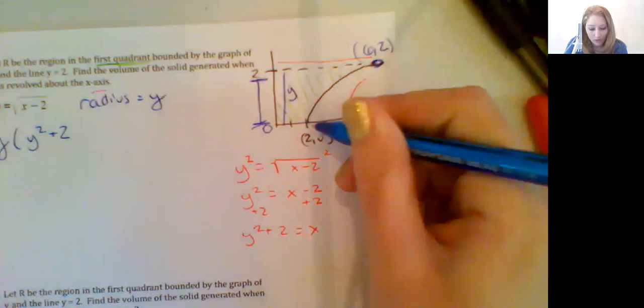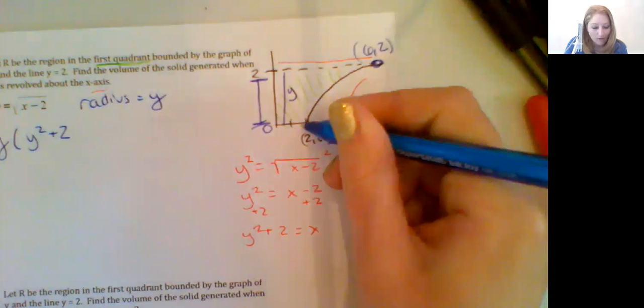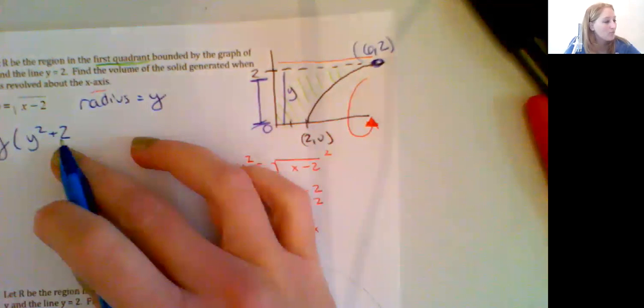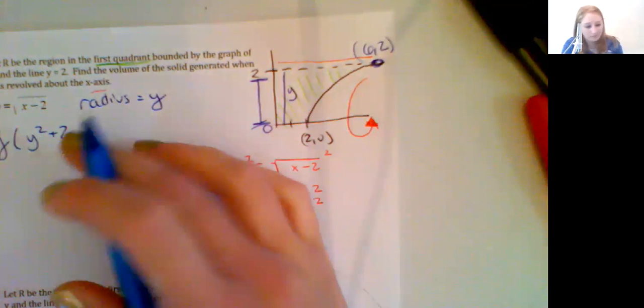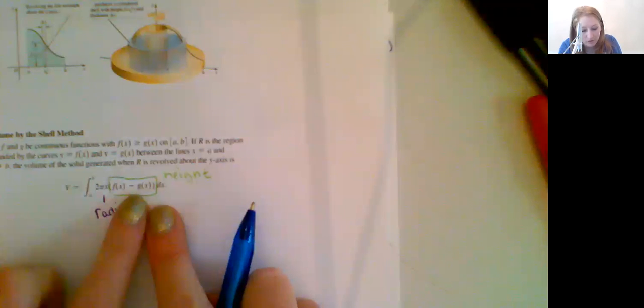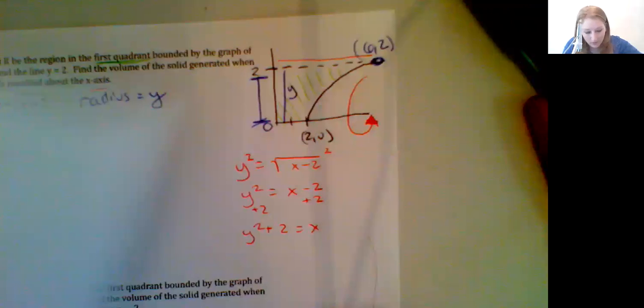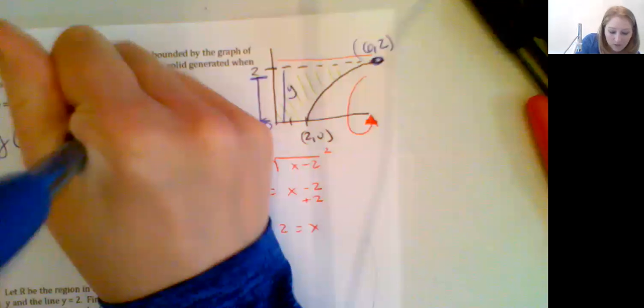Essentially, I don't have another piece to my formula because in this case, the lower bound is just going to be 0. So it's my function minus the other piece, and in this case, the other piece is 0. I'm still going to write it just so that we have that as a reference, but we don't actually need it.